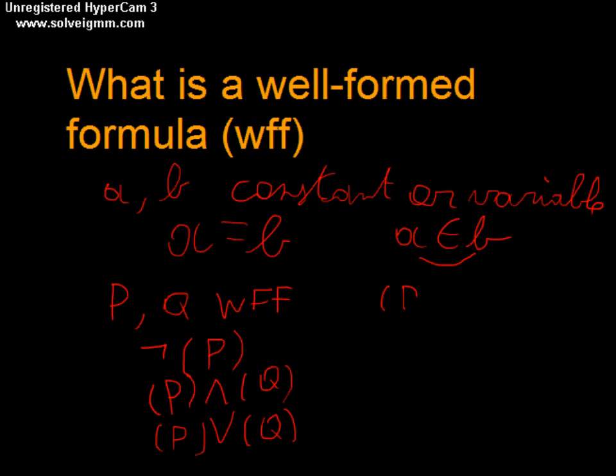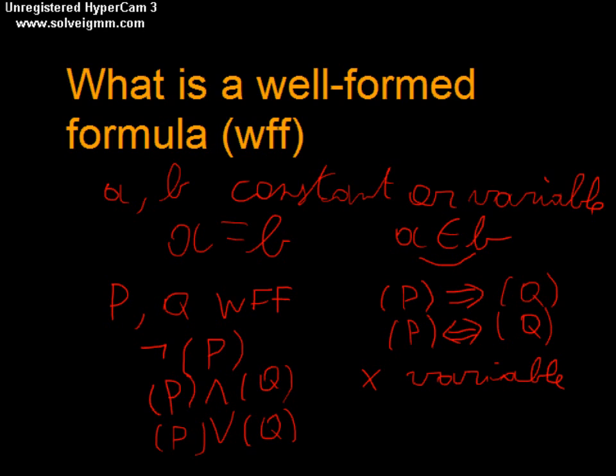P implies Q is a well-formed formula, and P if and only if Q is a well-formed formula. Finally, if X is a variable, then we can form the formulas for all X P, and there exists an X P. These are all well-formed formulas.